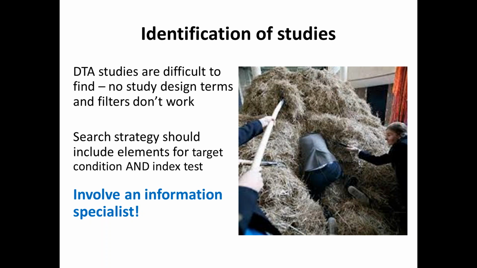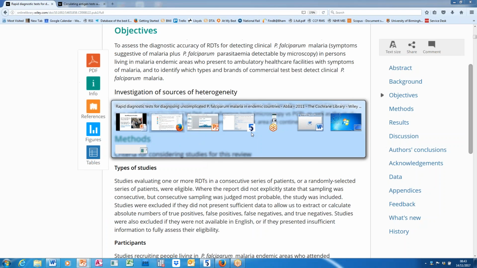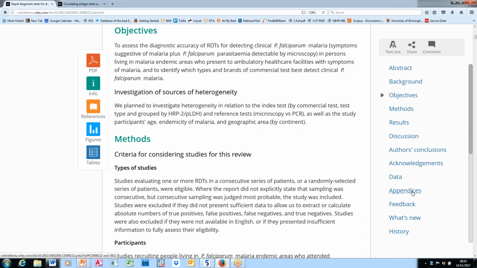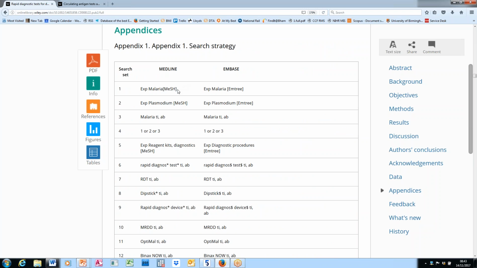So again, let's have a look at those two reviews and see what they have done in terms of searching. So if we go to the malaria review, usually in the appendix of these reviews, you'll find the search string. So here in the appendix, we've got a search string, and we can see at the top, it's starting off with a search for malaria.